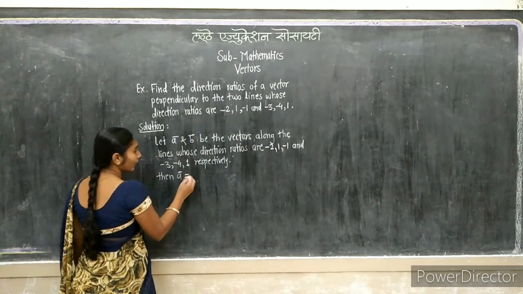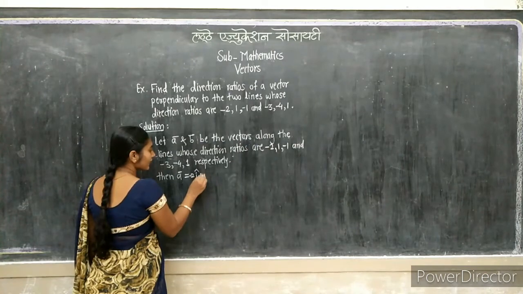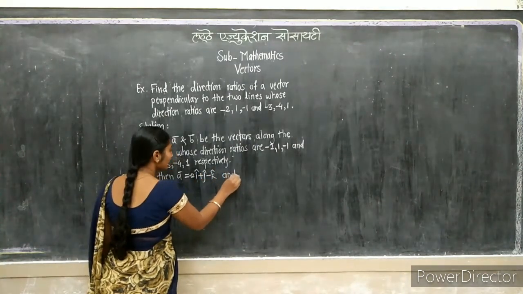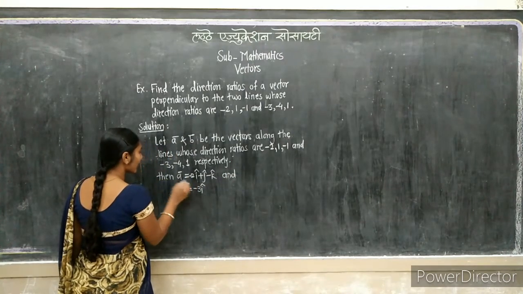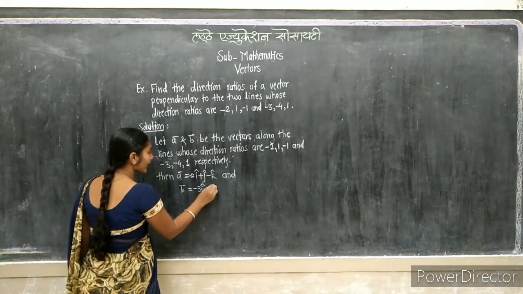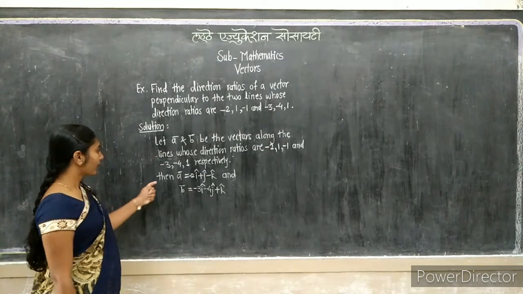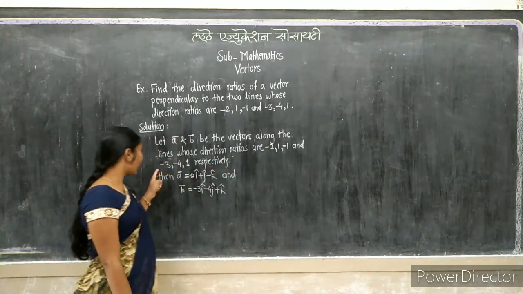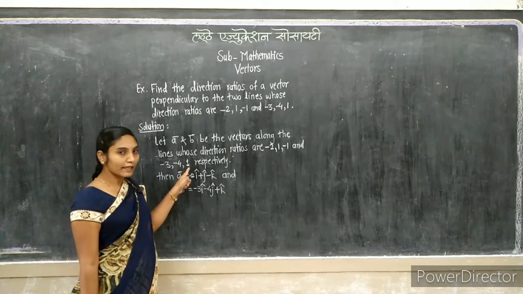a bar is equal to minus 2 i cap plus j cap minus k cap, and b bar is equal to minus 3 i cap minus 4 j cap plus k cap.